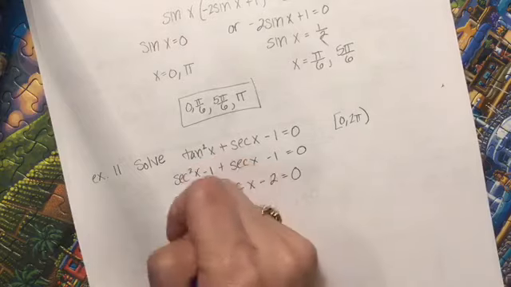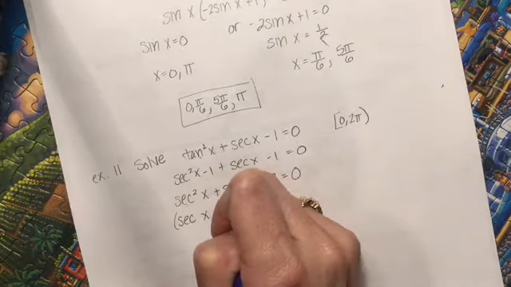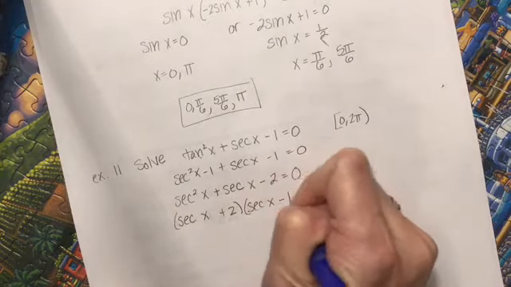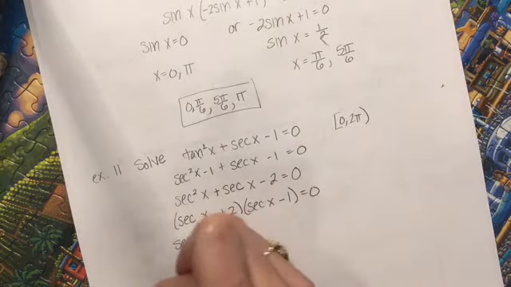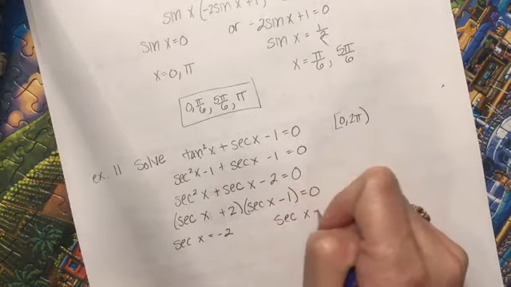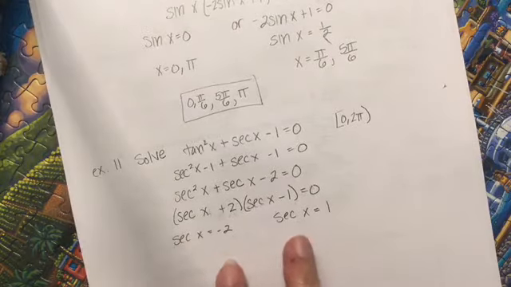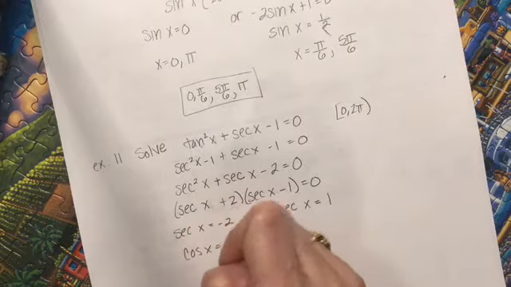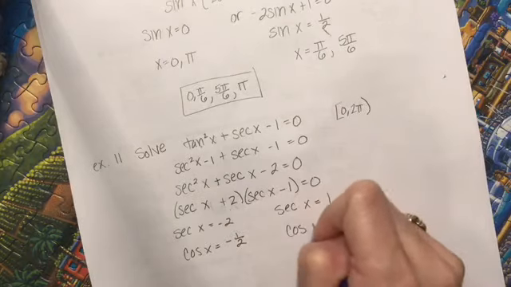Okay, so then that factors to secant x plus 2 and secant x minus 1 equals 0. So secant x has to equal negative 2, or secant x has to equal 1. So where does that happen? It's harder to find secant, so let's think of it this way. The cosine x equals negative 1/2. It's the reciprocal, right? And the cosine is 1.